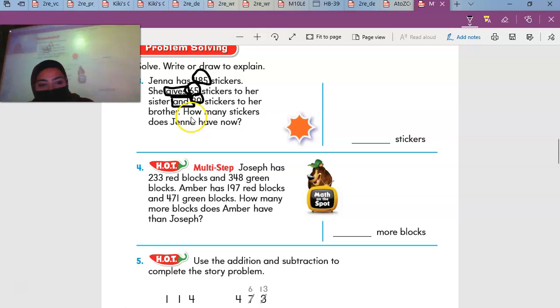How many stickers does Jenna have now? This is a very simple problem. Who can raise their hand and tell me what they're going to do first? Destin. Okay, but what are you going to add or subtract first? Rena? No? Amaria?